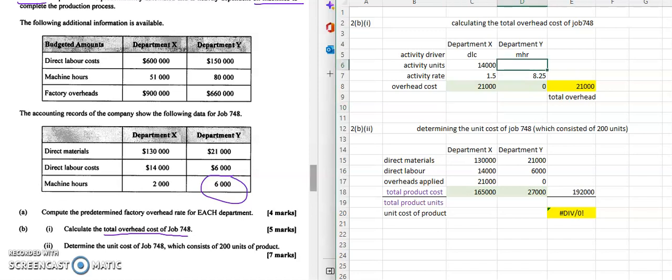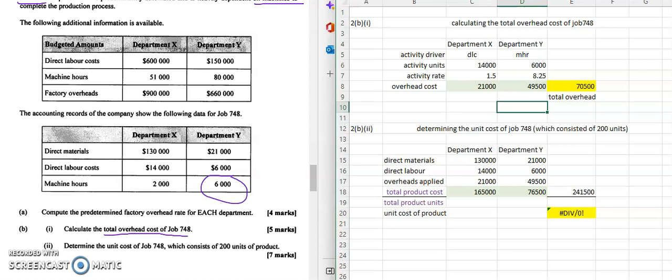So I'm plug in the 6,000, and we will get a total of 49,500. So when I add the two departments together, I'll get the total overhead cost for the job. So 21 plus 49,500 gives me 70,500, and that is the total overhead cost for job 748, right?